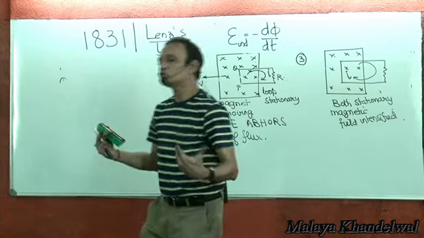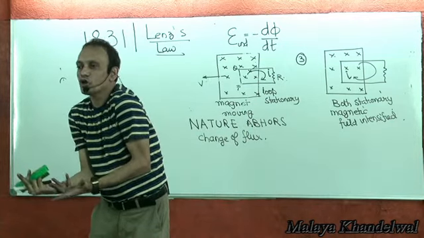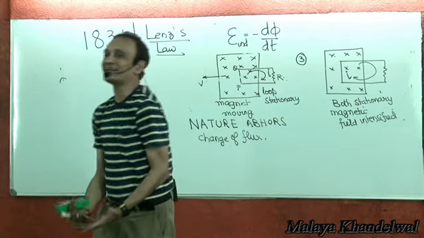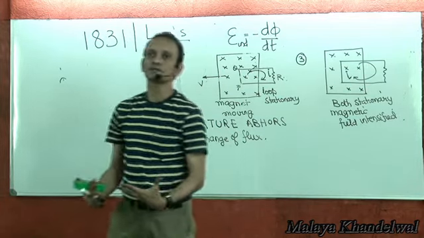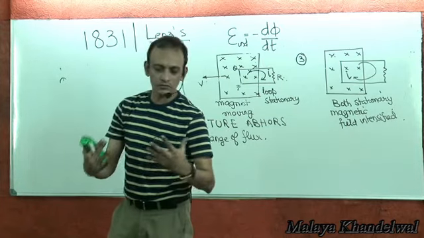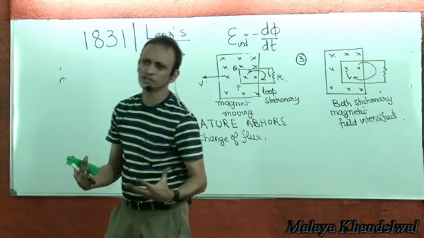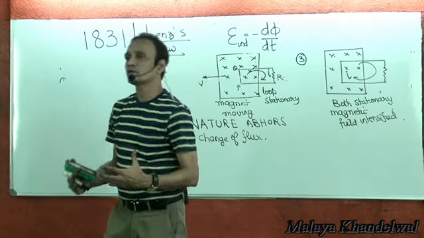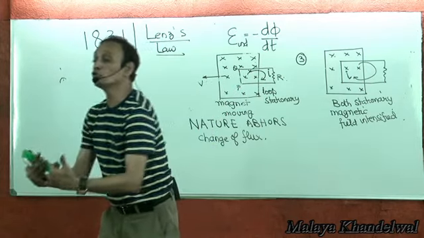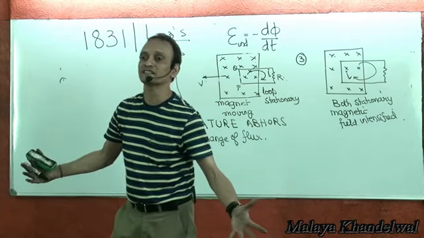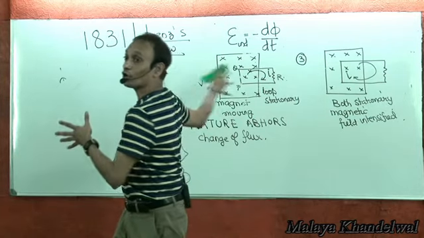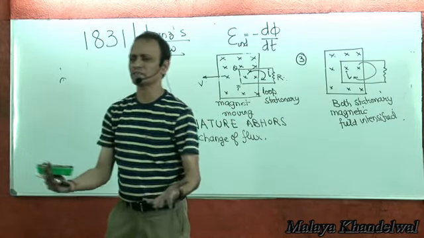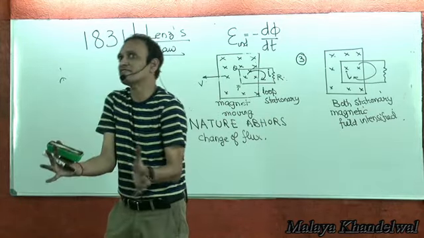And to call them by the same name, Faraday's Law, to me seems a little insensitive towards the subject, because it is a common mathematics but entirely different physics associated with the two effects. It's like two people who look alike and therefore should be called by the same name. So to call all of them Faraday's Law seems to be blasphemous as far as I am concerned. I'm a little bit of a maverick when it comes to this.